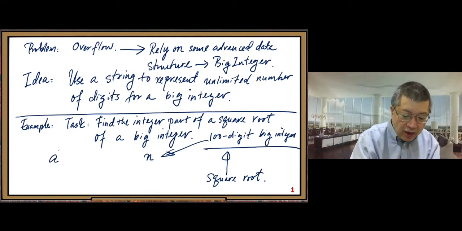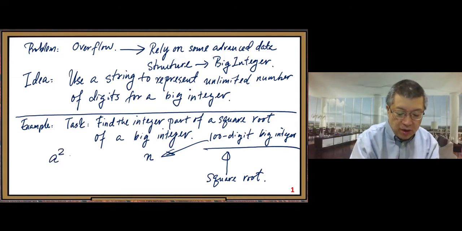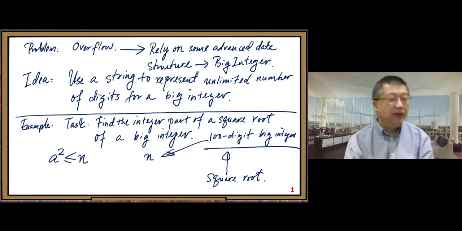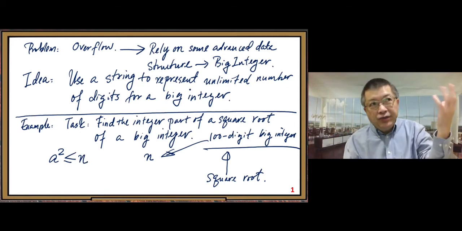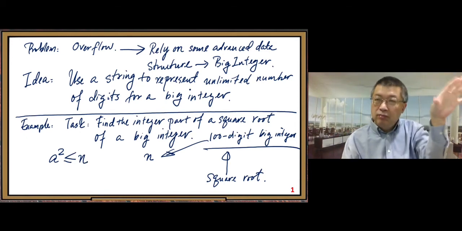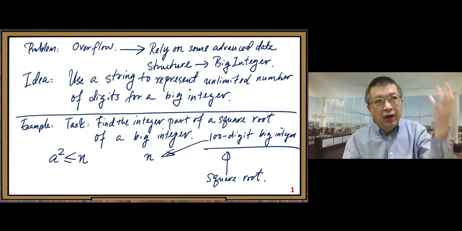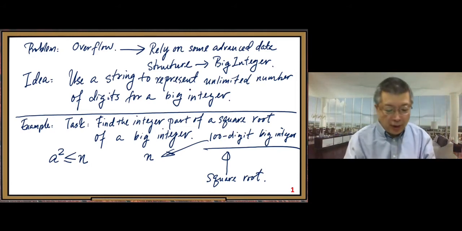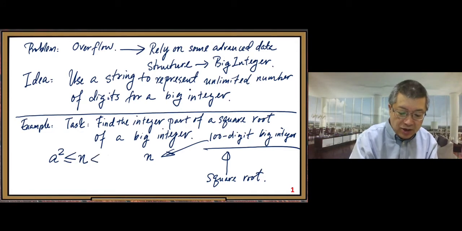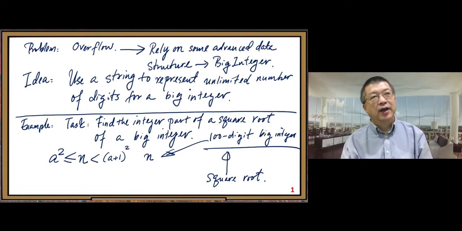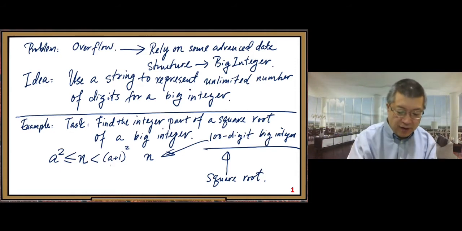So we know a squared should be less than or equal to n, because we drop some possible fractional part, but n is less than (a plus 1) squared. Then we find that a.